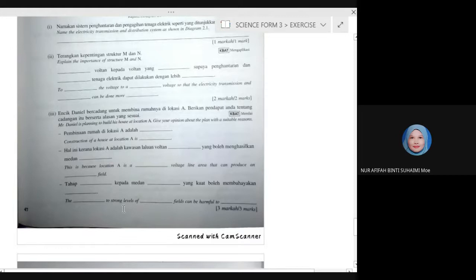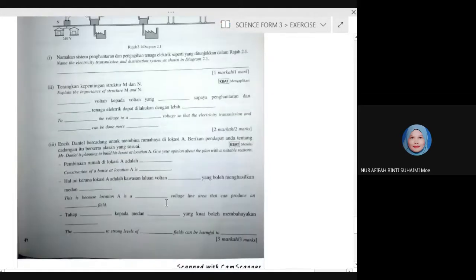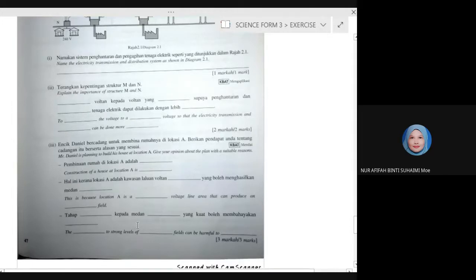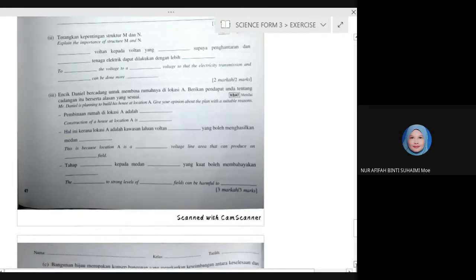Okay, two strong levels will be the voltage. Okay, increase to strong level. Magnetic fields can be harmful to human lah.